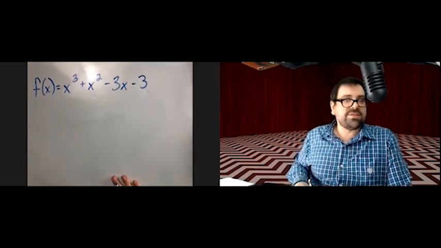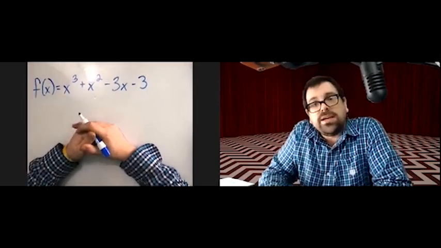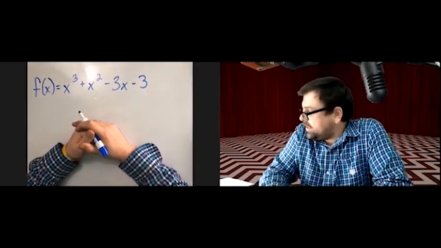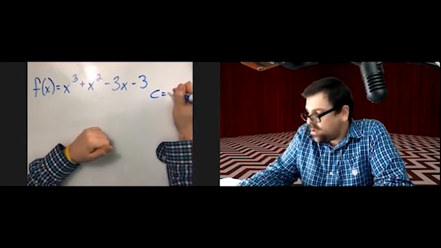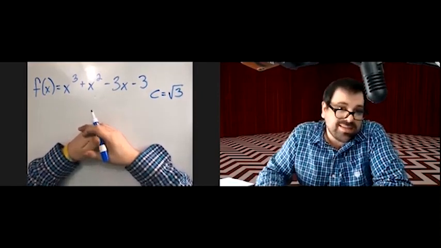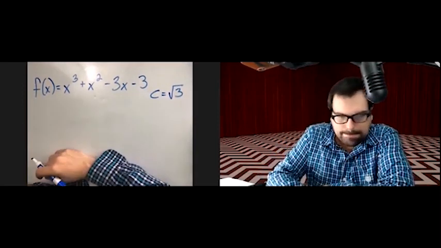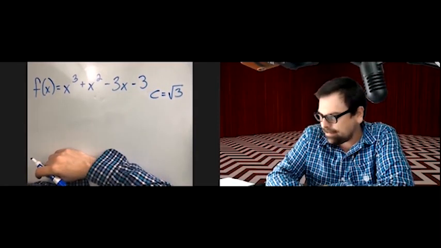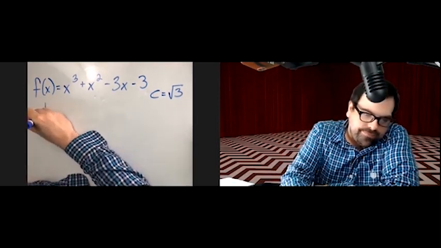We have f of x equals x cubed plus x squared minus 3x minus 3. We're going to check to see if c equals radical 3 is a 0. Yeah, I did that.